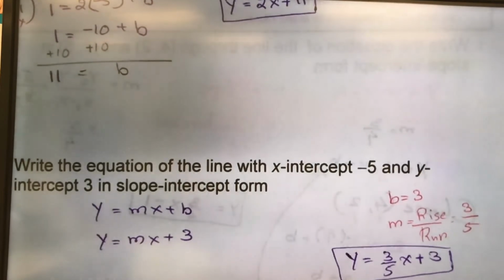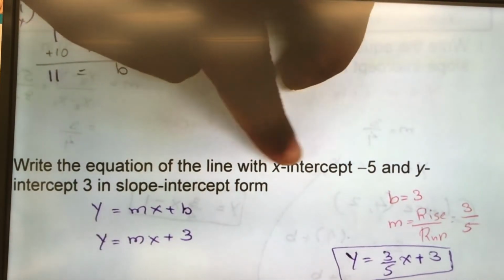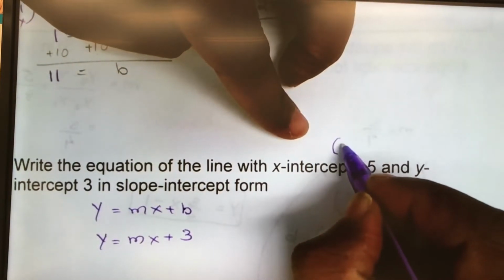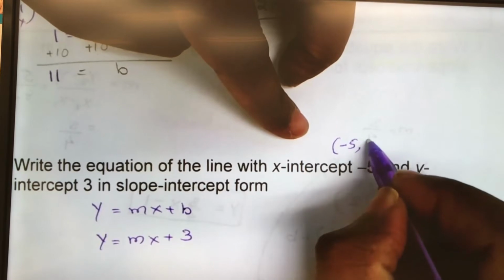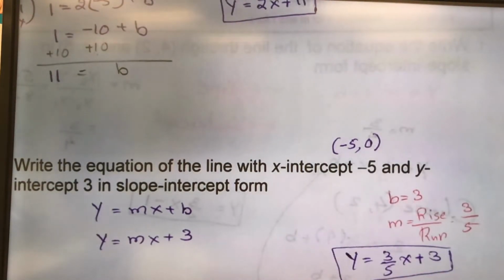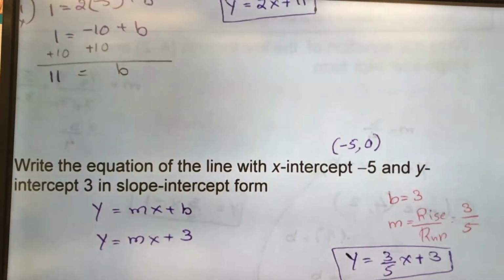Since I have another point, the x-intercept, if I write it as a coordinate, x is negative 5 and y is 0. So negative 5, 0 is the coordinate. I can plug in that coordinate here and figure out what m is. So let us do that.